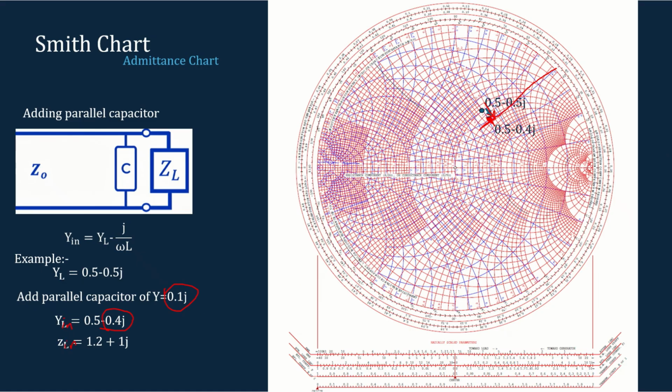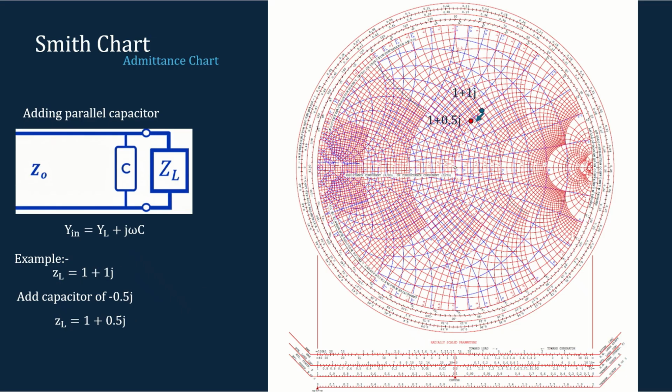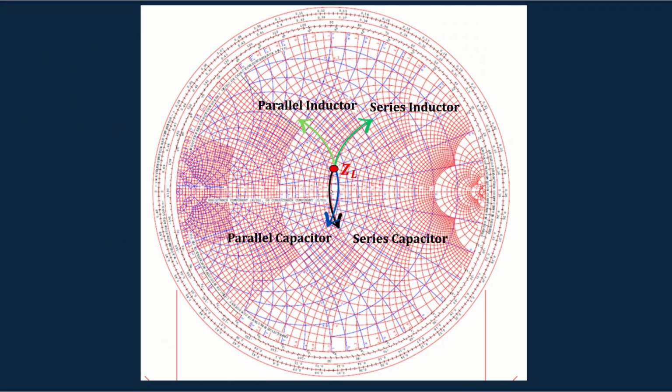So this is how we calculate the total input impedance if something is added in series or parallel. That means if we are adding something in series, we have to use the impedance chart. If we are adding a series inductor, you have to move up, and if we are adding some capacitance in series, you have to move down.